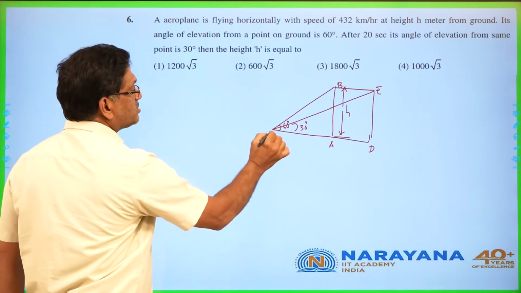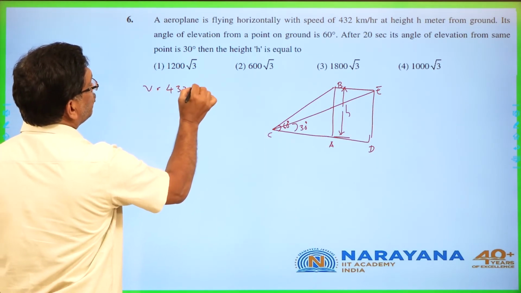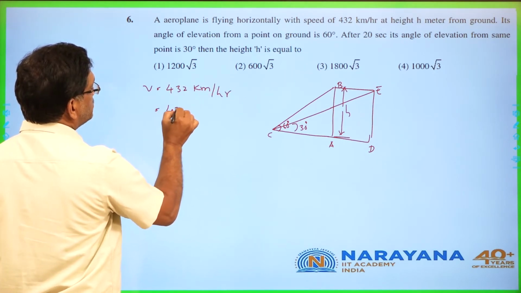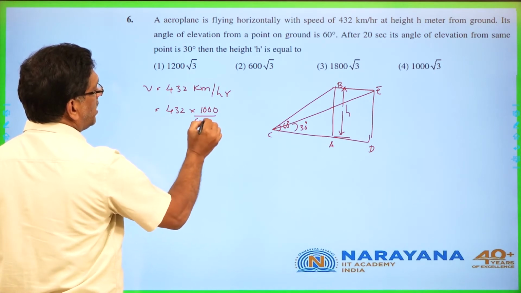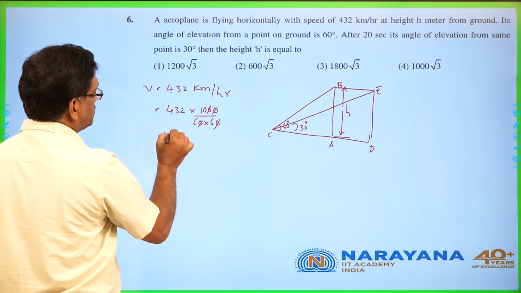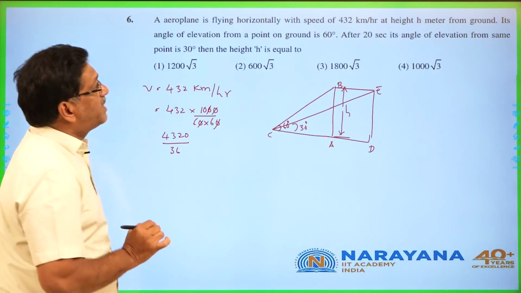So some notations I have taken. V equal to 432 kilometers per hour given. That is 432 into 1000 by 60, 60. We can cancel. Let us keep it like that.